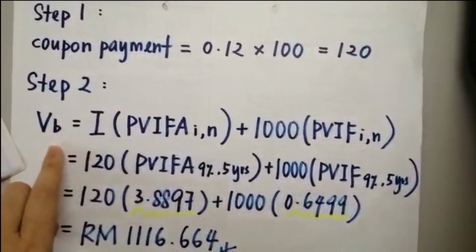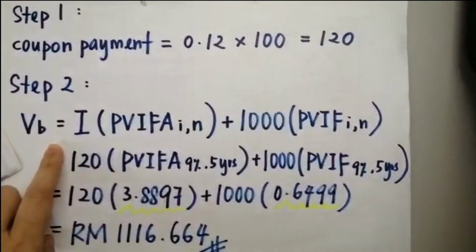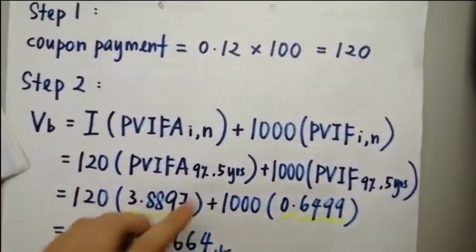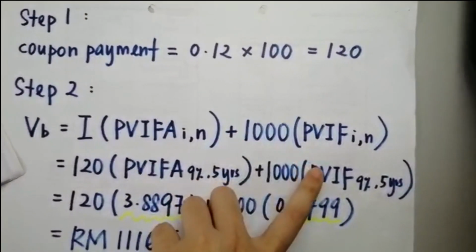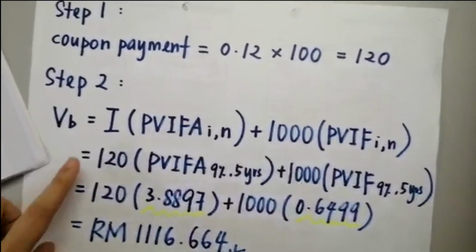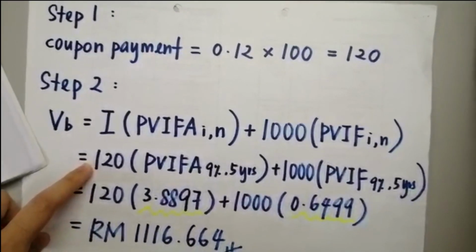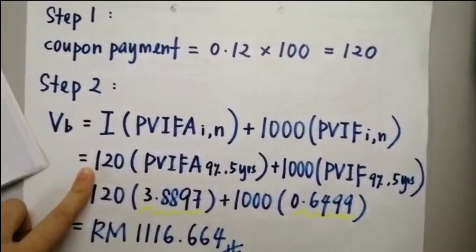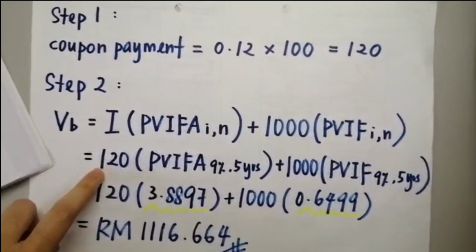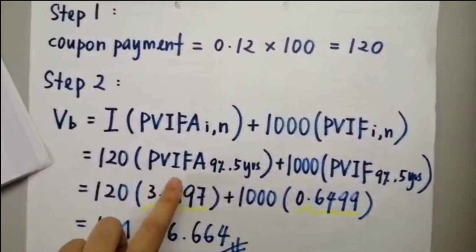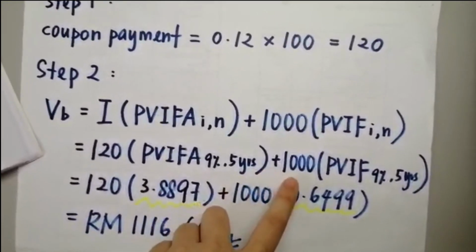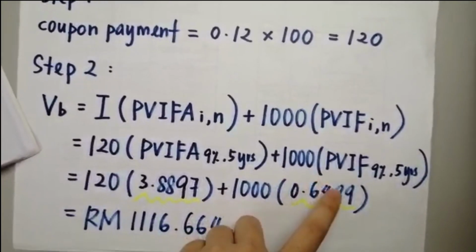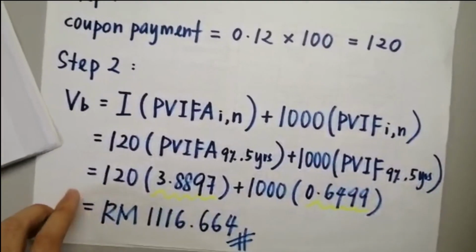The formula is value of bond equals I times PVIFA(i, n) plus 1000 times PVIF(i, n). The I is the coupon payment that we calculated just now, 120, PVIFA 9%, 5 years, plus 1000, PVIF 9%, 5 years.